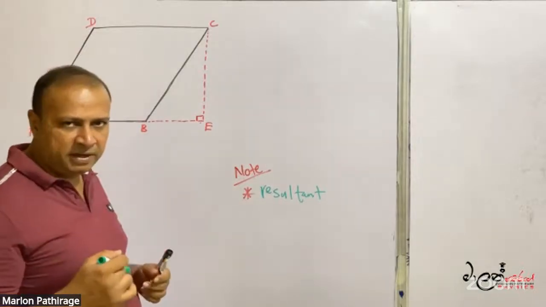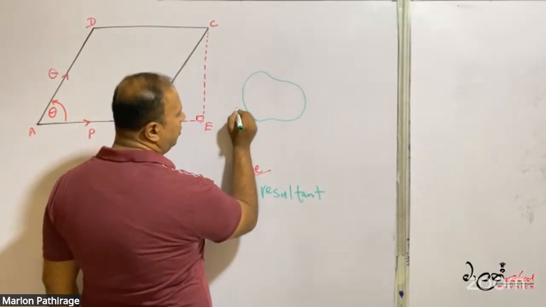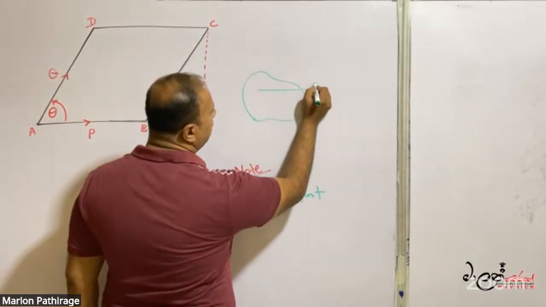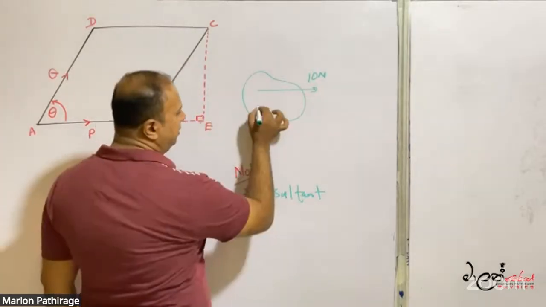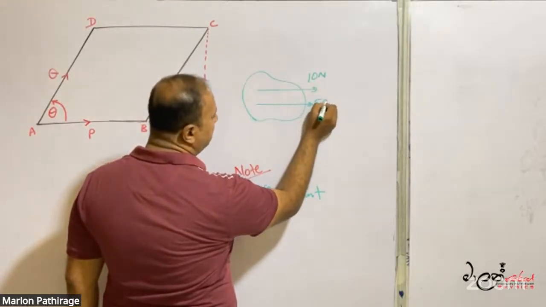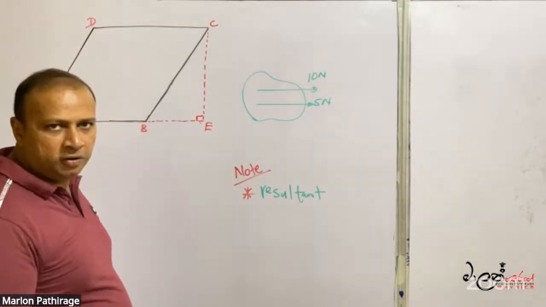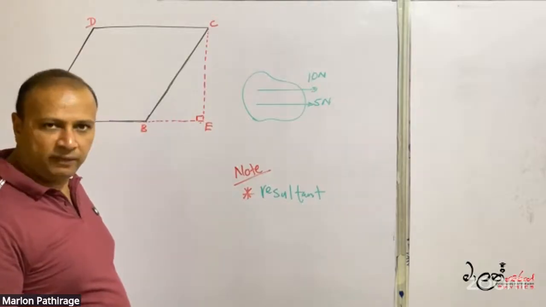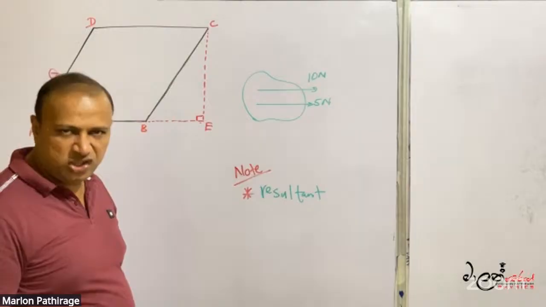What the resultant vector means is like this. Suppose we apply 10 Newton force in this direction and another 5 Newton force in this direction. The addition of those two is 15, because both vectors are in the same direction.